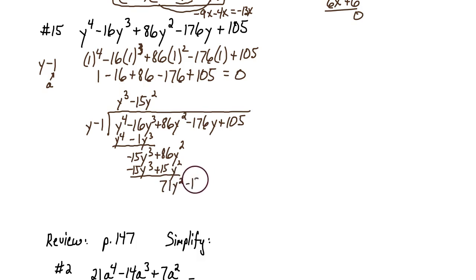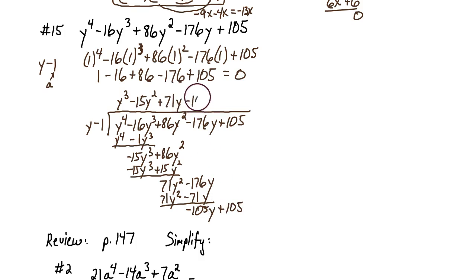Bring down the negative 176y. Y times positive 71y makes 71y squared. And 71y times negative 1 is negative 71y. Now subtract. We get negative 105y. And bring down the positive 105.